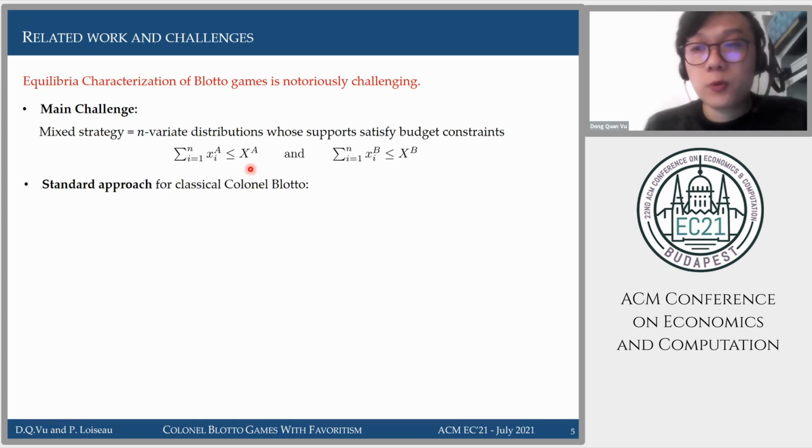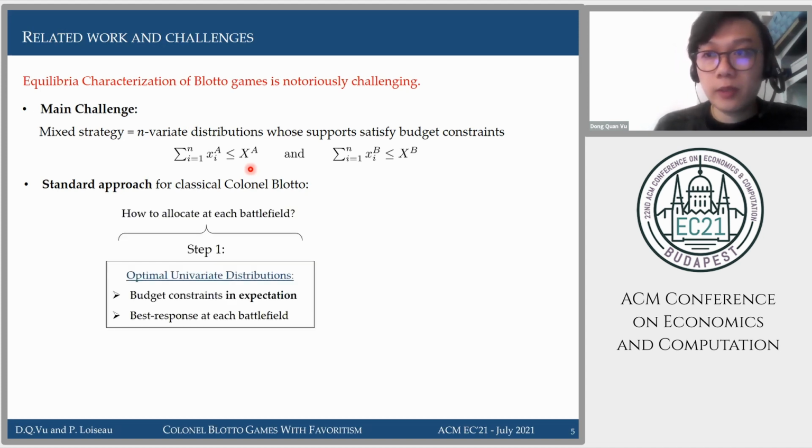The standard approach for finding the equilibrium of the Colonel Blotto game is as follows. First, we focus on each battlefield independently and try to see what you can do optimally in each battlefield. In other words, you have to look for the so-called optimal univariate distribution.